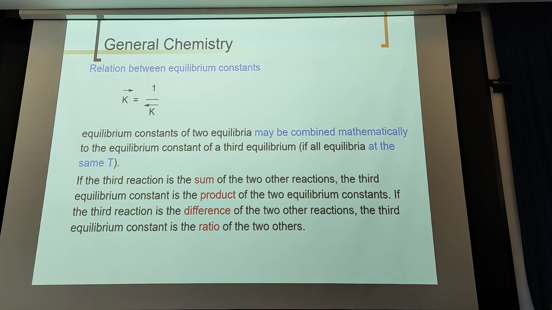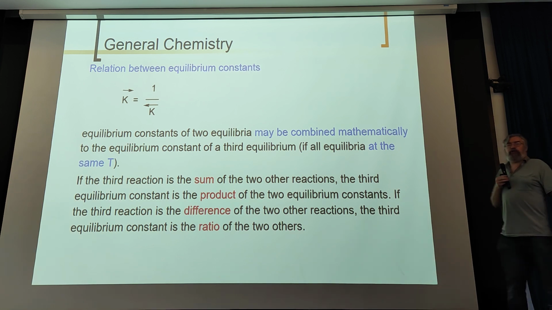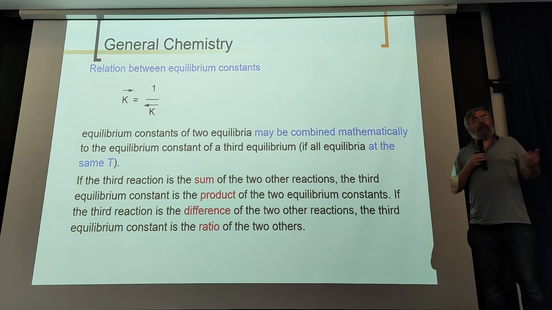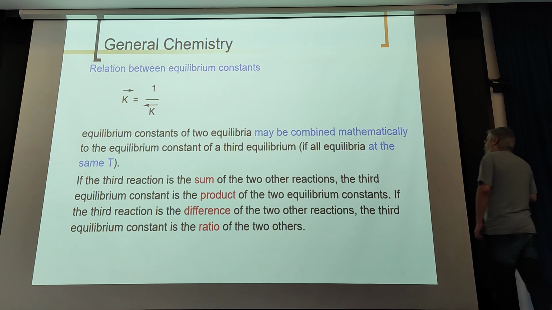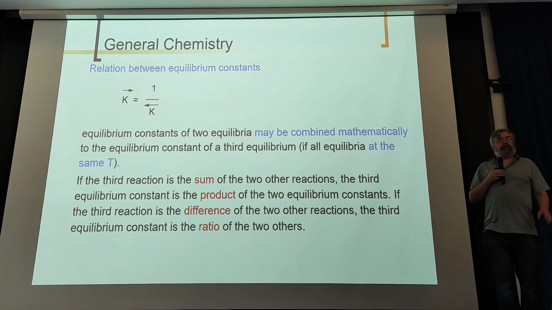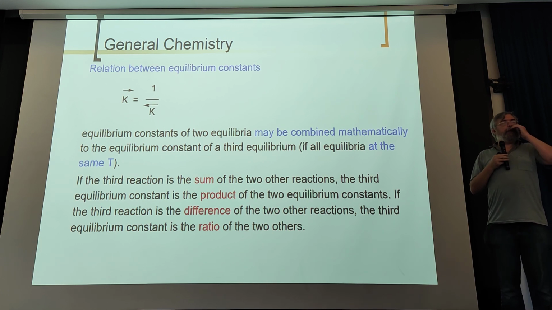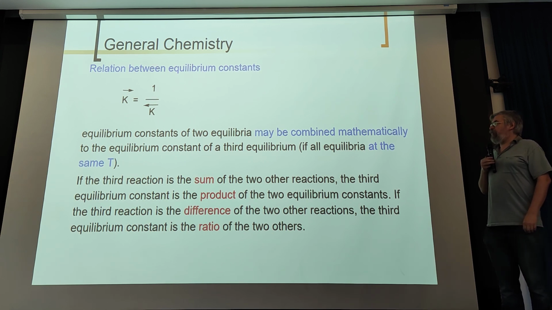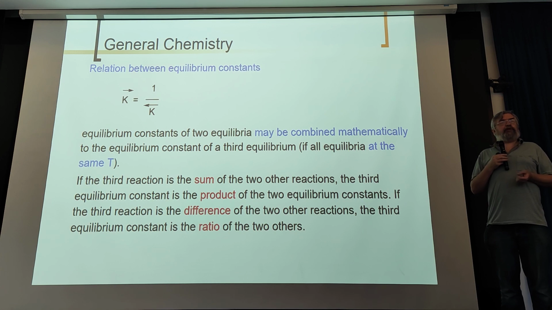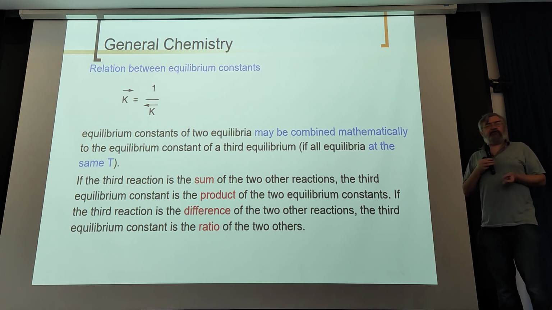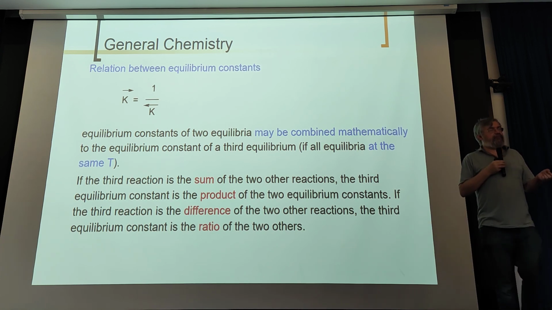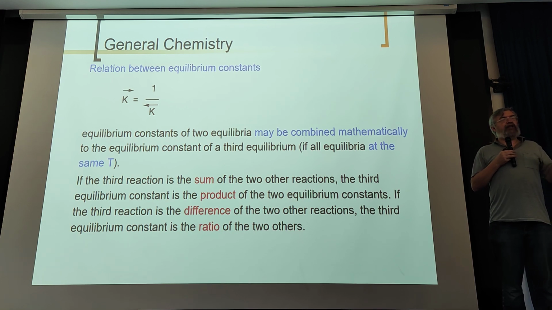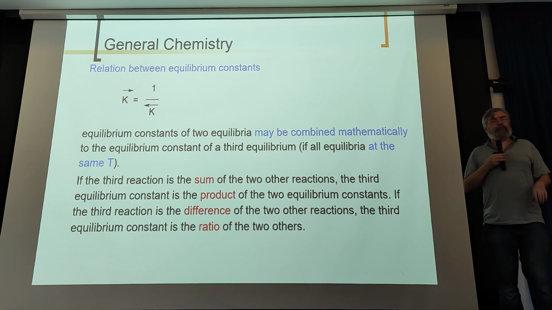We can also combine equilibrium constants mathematically with each other, like we have done before for thermodynamic quantities. We can combine them in the same way, but it's not exactly transitive. If a third reaction that we're considering is the sum of two reactions, the equilibrium constant is not the sum, but the product of the two. So we have K1, K2, and the K1 multiplied by K2.